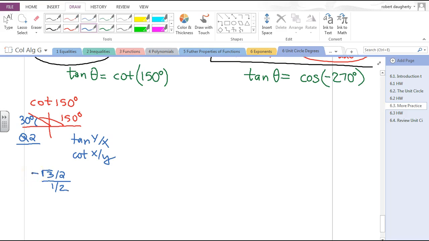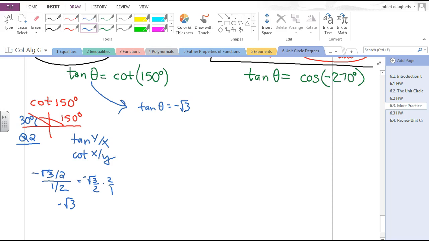I'm going to go with negative. Quadrant 2 is what I'm in. So this is negative square root of 3 over 2 times 2 over 1. What does that simplify to? Yeah, negative square root of 3. So this problem now becomes tangent of theta equals negative square root of 3.